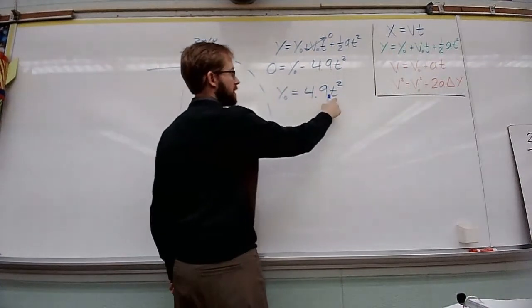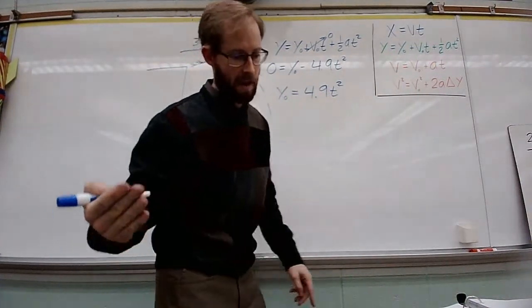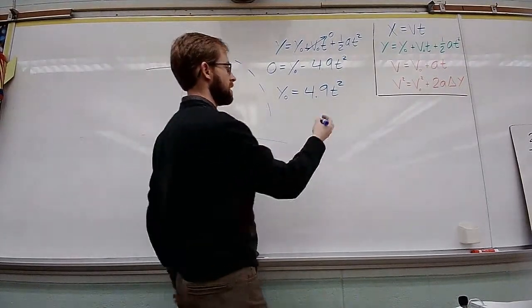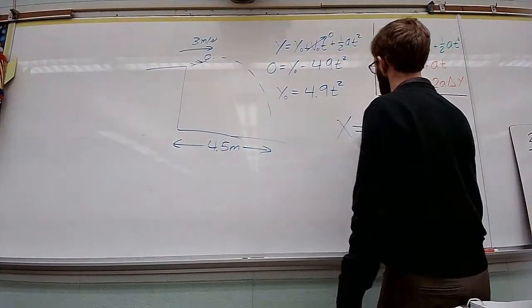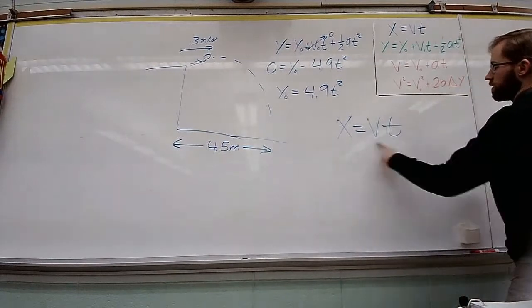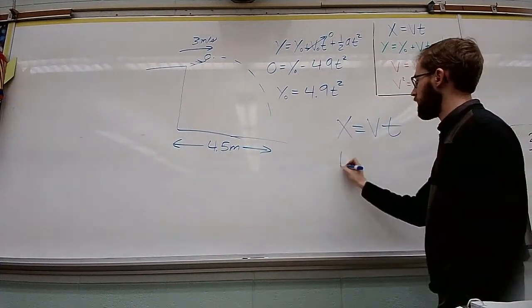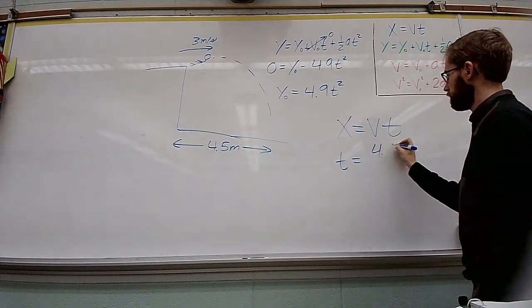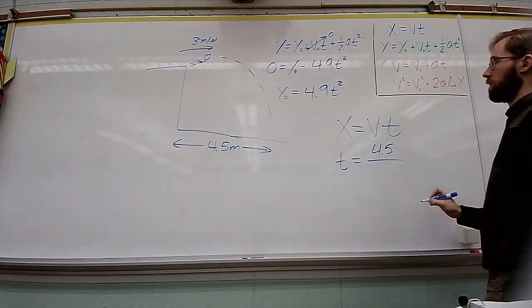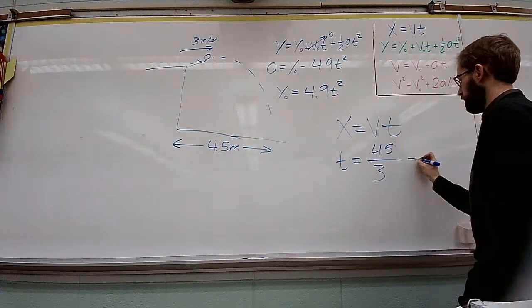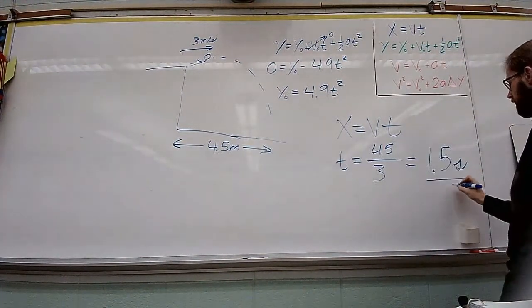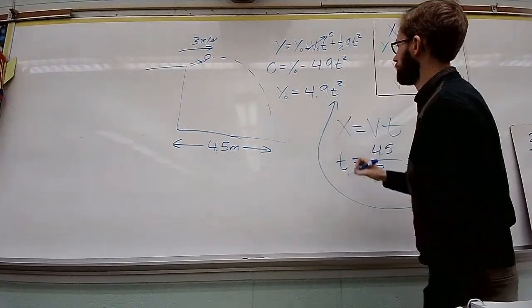So I have to put time in, but I don't know my time. But I can find it because I know the velocity and I know the distance. It's pretty rare that we use this equation to find time, but we can do that here, because we know the distance and we know the velocity. Therefore, our time is 1.5 seconds, and that is what we toss in right there.